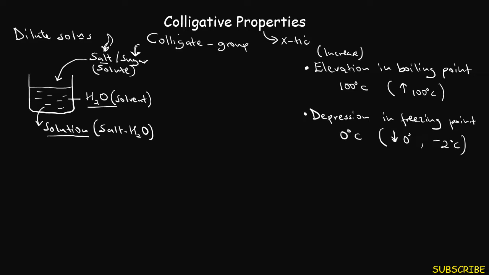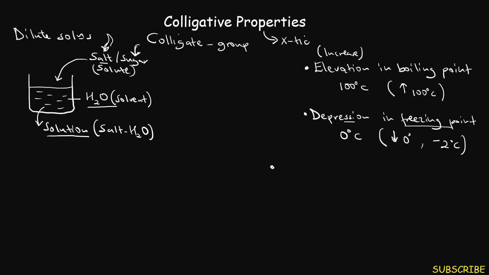So the presence of the salt or the sugar in your water will cause the water to turn into a solid at a temperature less than the normal one, which is 0 degrees. So the depression in freezing point is a property or a characteristic of this solvent of ours. But why is that so? Because there is a given number of particles, it could be salt particles or sugar particles, that we have dissolved in our water.